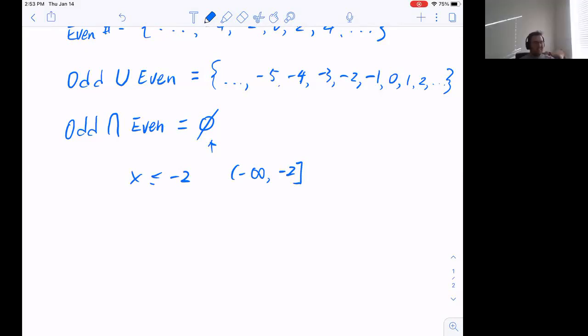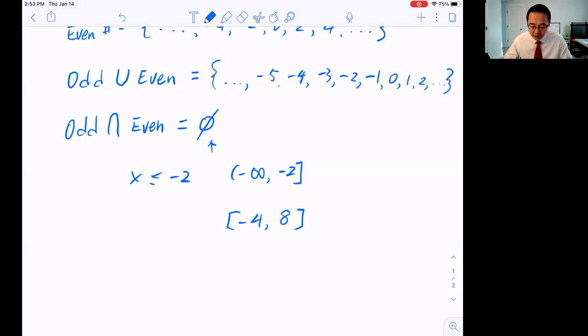Parentheses in inequality means not including that end, and brackets means you do include it. So if you have -4 to 8 with brackets, that means -4 and 8 are both in this set. But if you have -4 with a bracket and 8 with a parenthesis, -4 is in this set and 8 is not. It's anything less than 8, because the parenthesis here means that end is not included.